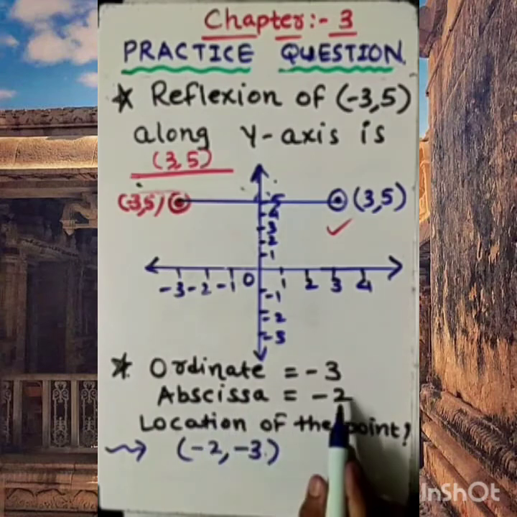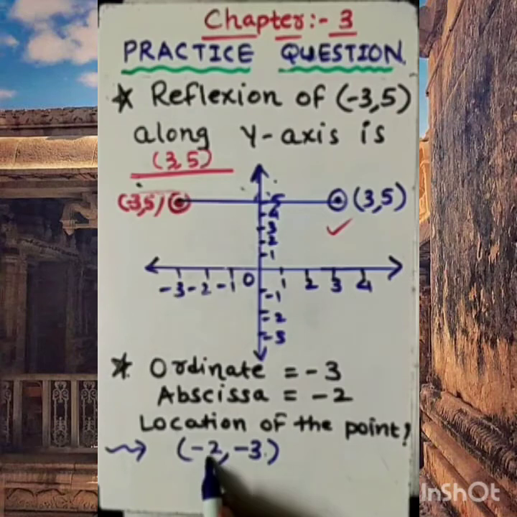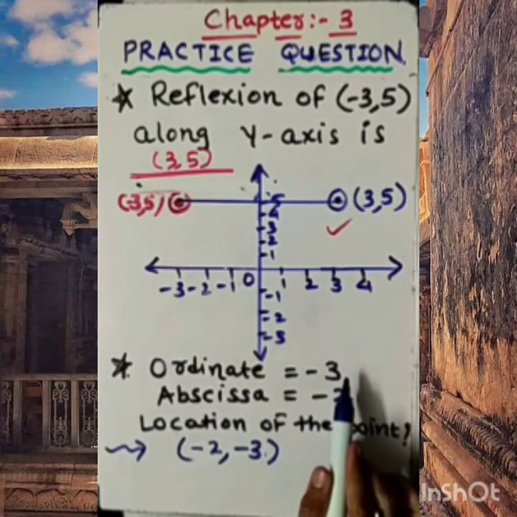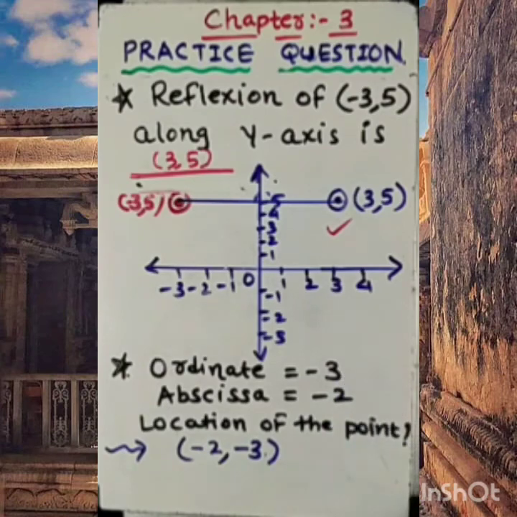Agree? Abscissa indicates the coordinate of x, that is minus 2. Ordinate indicates the coordinate of y, so it is minus 3. So the point is minus 2 comma minus 3. As we know that abscissa is negative, ordinate is also negative.